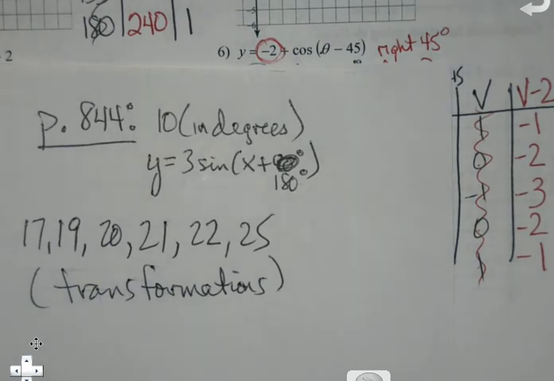And then that next group of numbers, 17, 19, 20, 21, 22, 25, you're just going to look at the equation and tell me what the shifts are, just like what we were doing up here. No graphing in 17, 19, 20, 21, 22, 25. Just shifts. Tomorrow we will do this in radians and get practice, and we will do more graphing tomorrow.